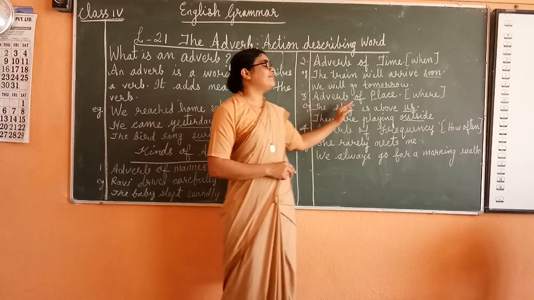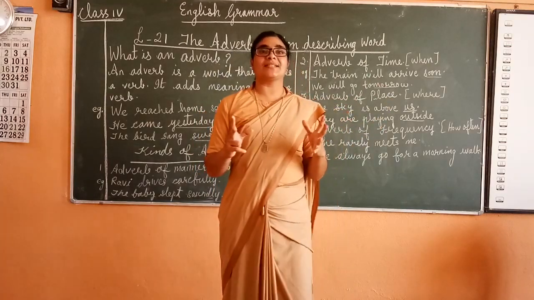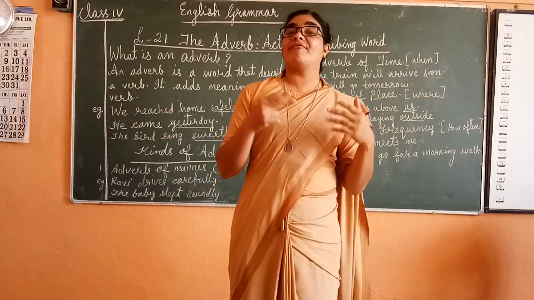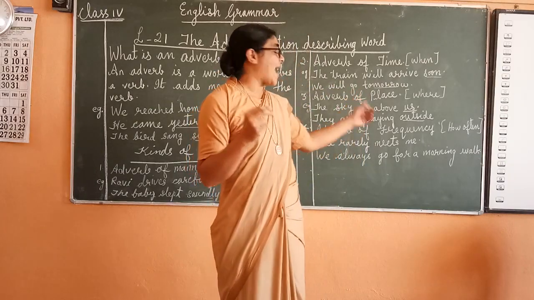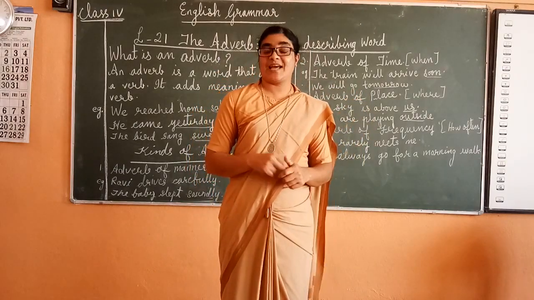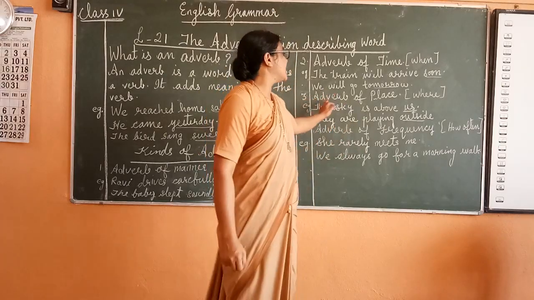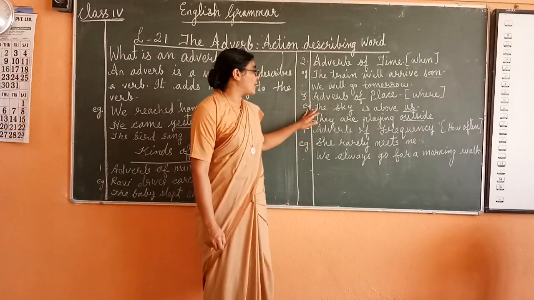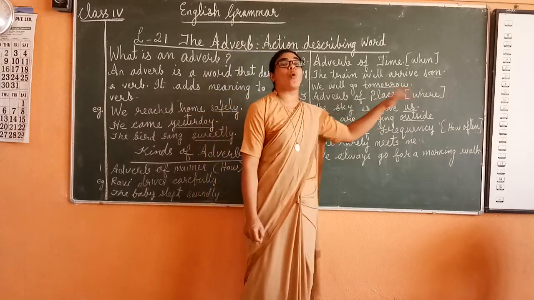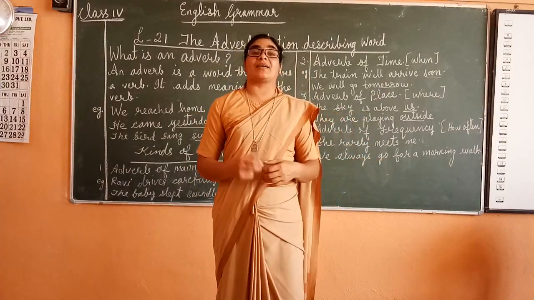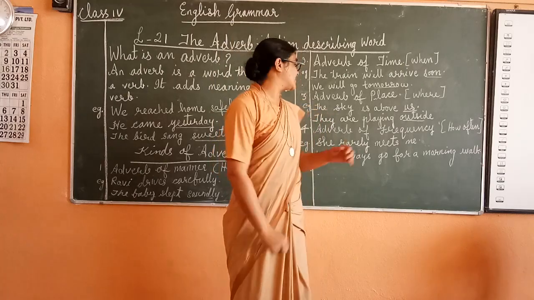Then we have adverb of place. Place indicates where an action has taken place. For example, the sky is above us. Where is the sky? The sky is above us.